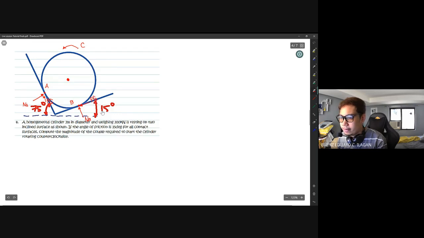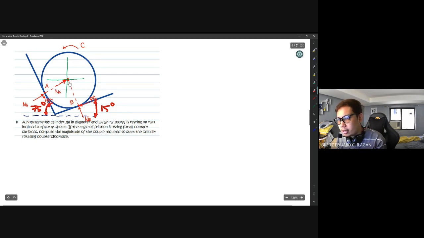Okay? So when you extend the line of action of this, ayan. So kuha lang natin ng x and y axis. Gawin ko na lang green. Okay, so this will be our normal force, NA.